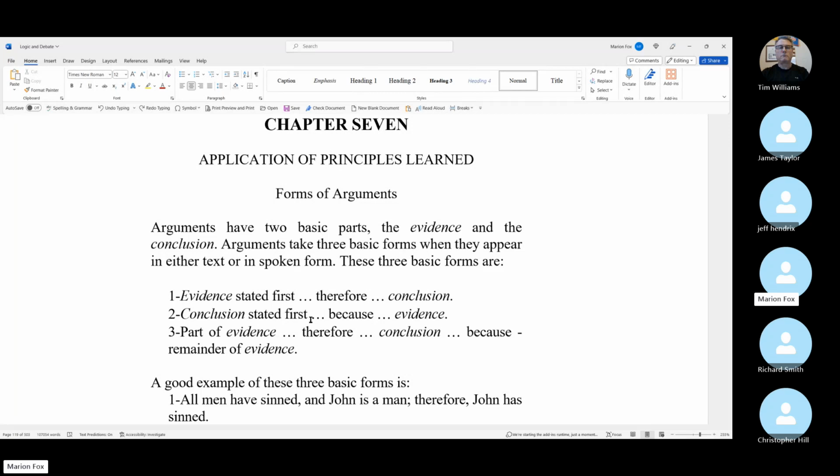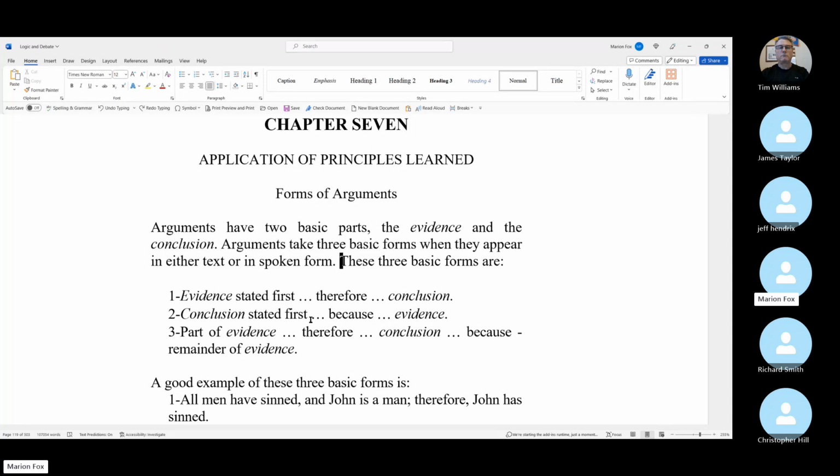Because I did jump around, but I didn't jump around too much. I think my jumping around was strictly to get over to the a fortiori principle. Have I covered this? Yes or no? Do you remember? I don't think I've covered it. Okay, no answers. Okay, we're going to look at the forms of arguments.